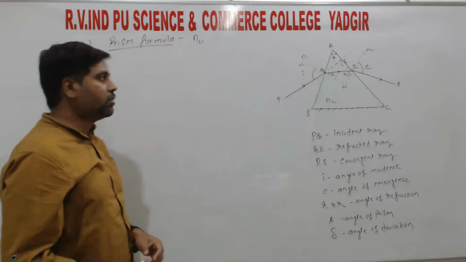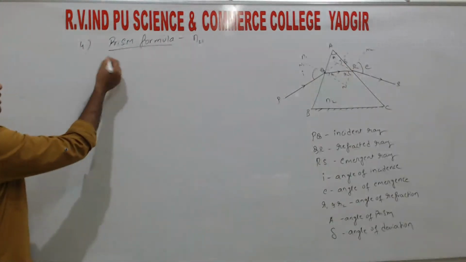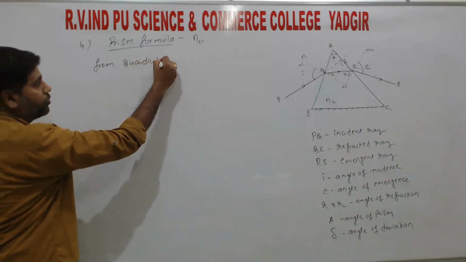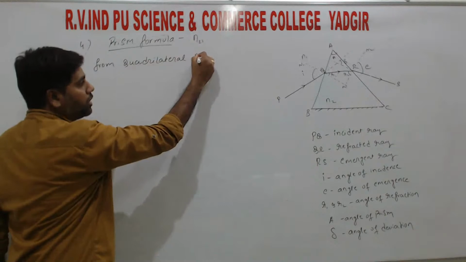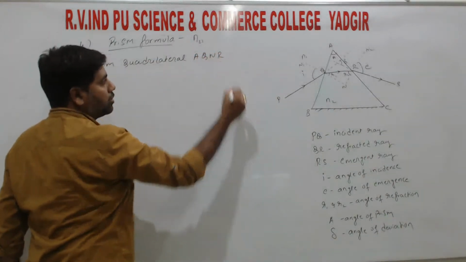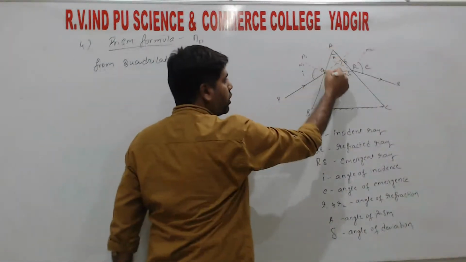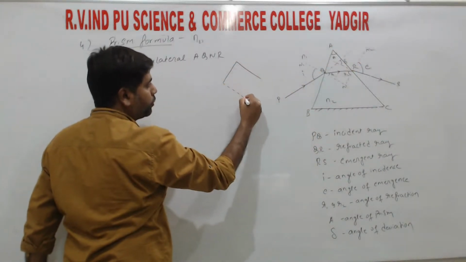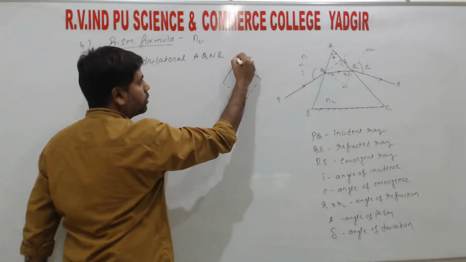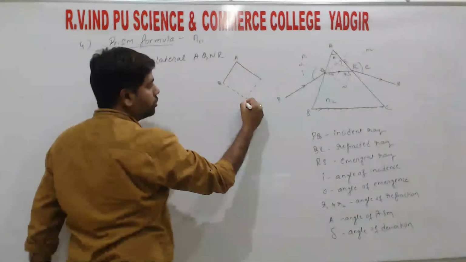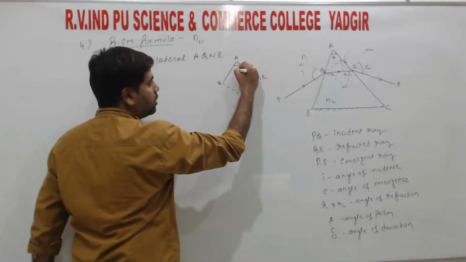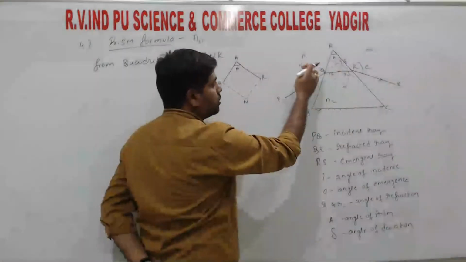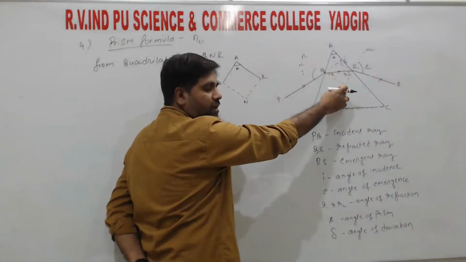Right? So we are considering the quadrilateral AQNR. Now N1 and N2, this line is the normal.